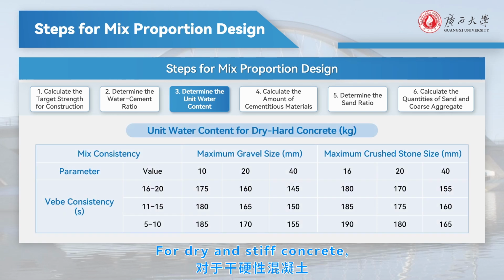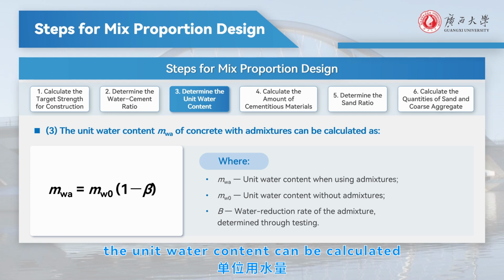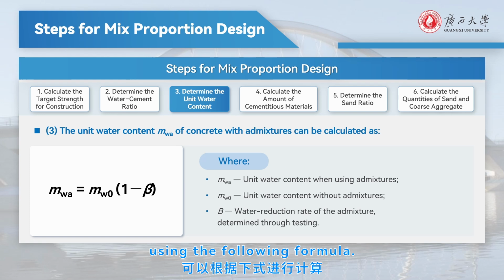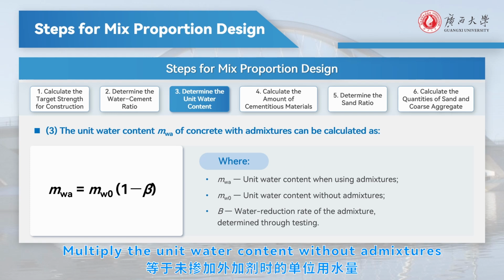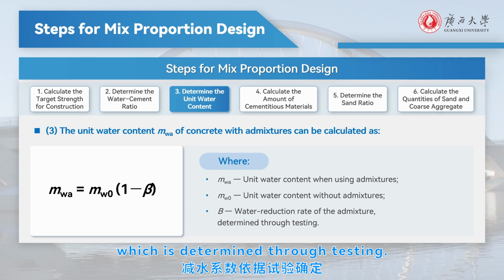For dry and stiff concrete, determine the maximum usable size of gravel and crushed stone by measuring the VB consistency. When admixtures are added, the unit water content can be calculated using the following formula. Multiply the unit water content without admixtures by the water-reducing coefficient, which is determined through testing.